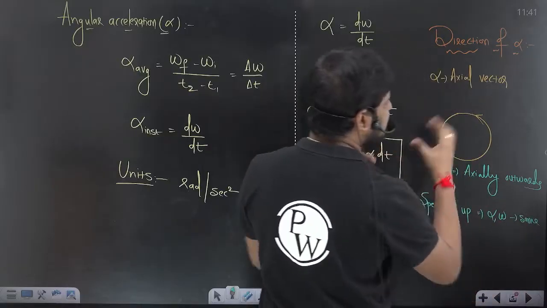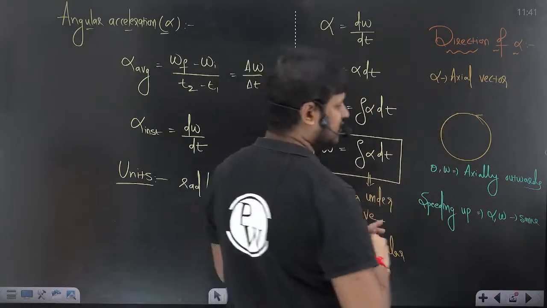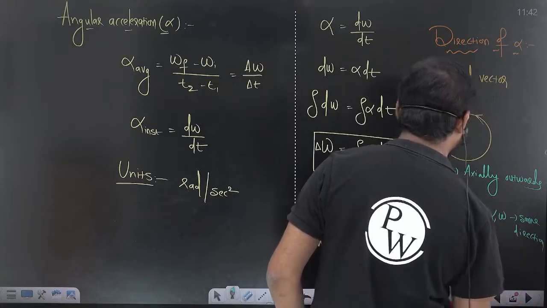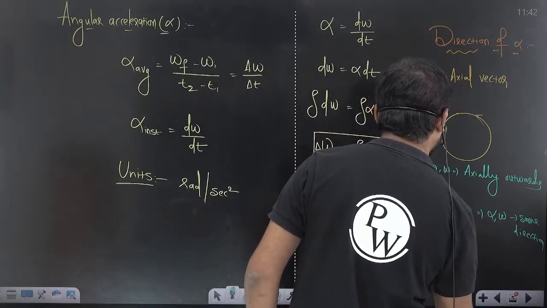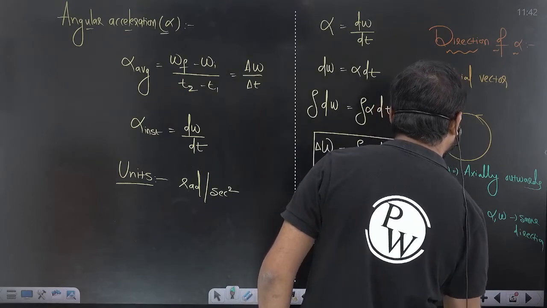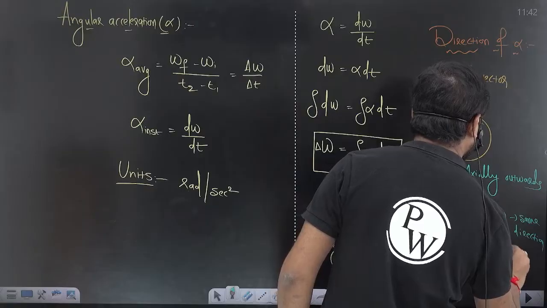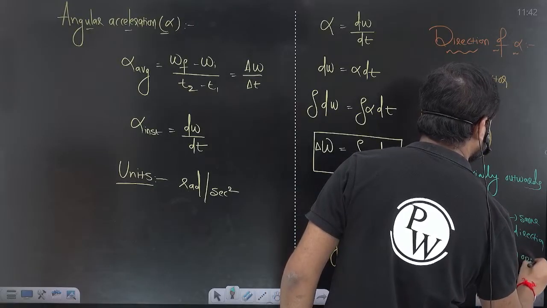In this particular case, they both will be outwards. But if the body is speeding down, then alpha and omega will be in opposite directions.